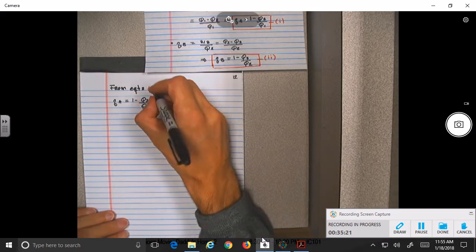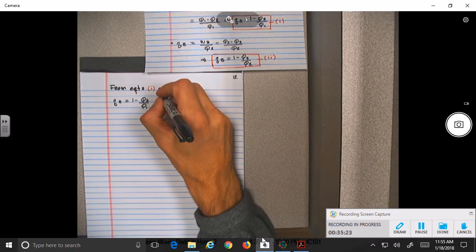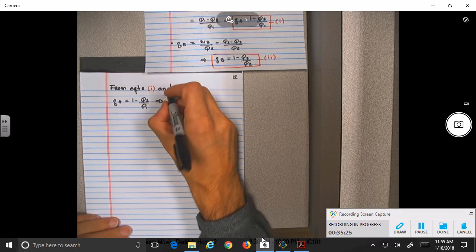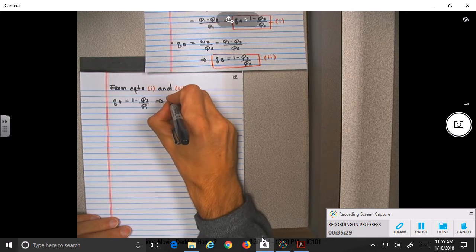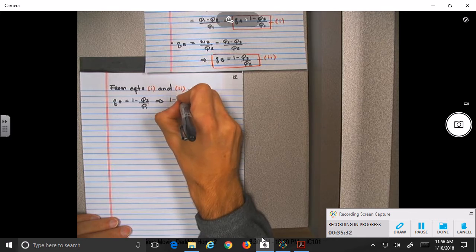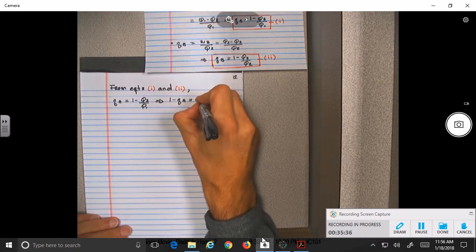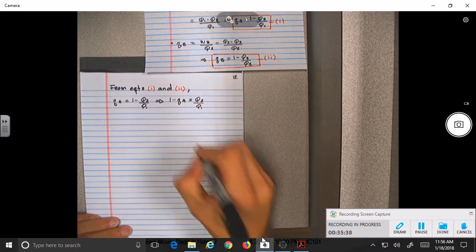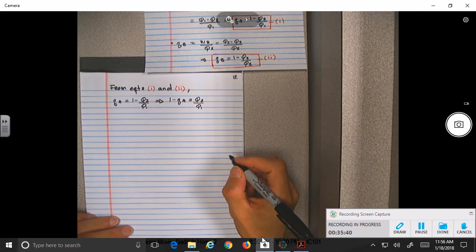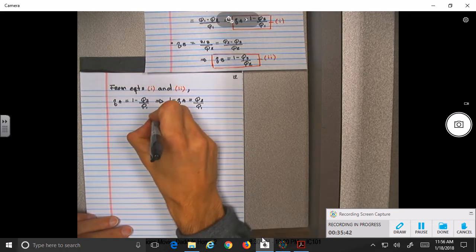So let me do the algebra. So this will give you what? Multiplying by -1 on both sides, it would be 1 minus the efficiency of A equal to what? Q2 over Q1, no? What am I trying to do?